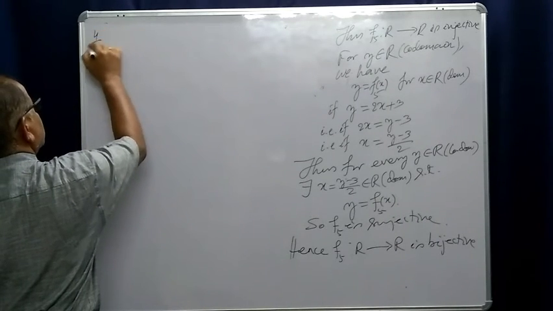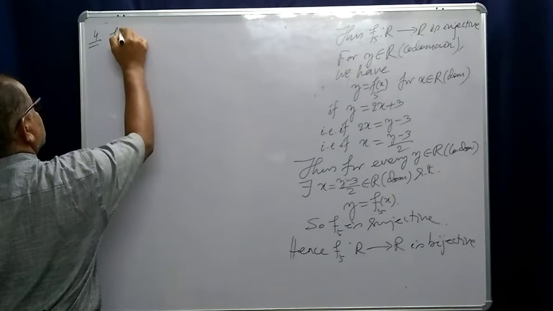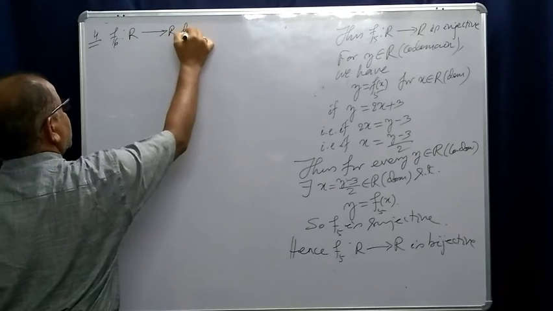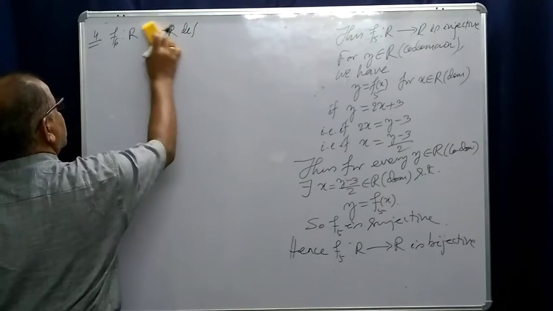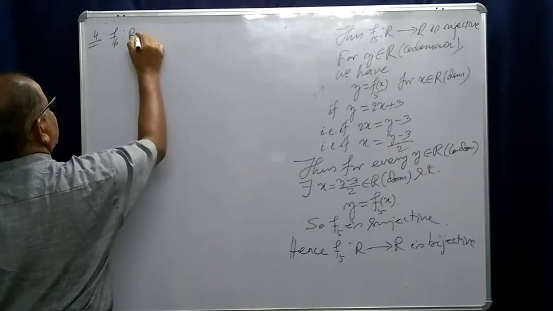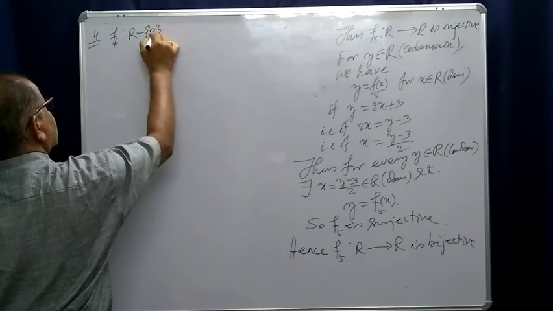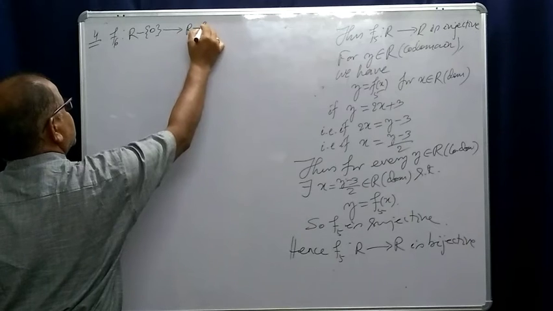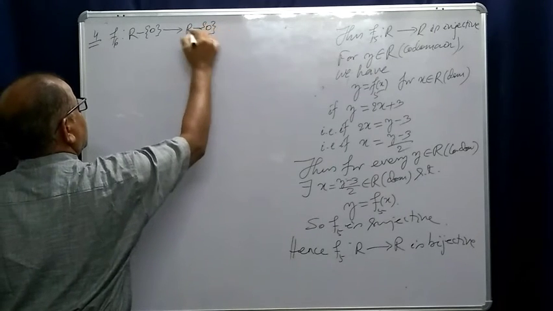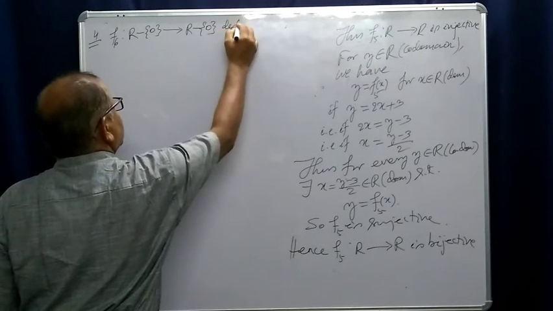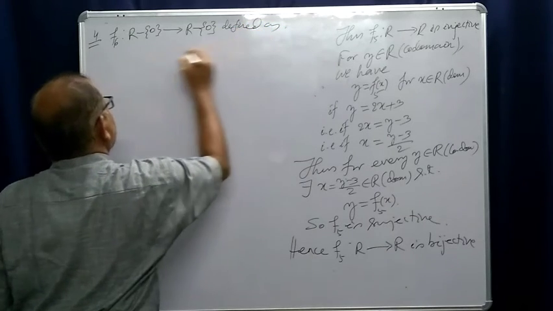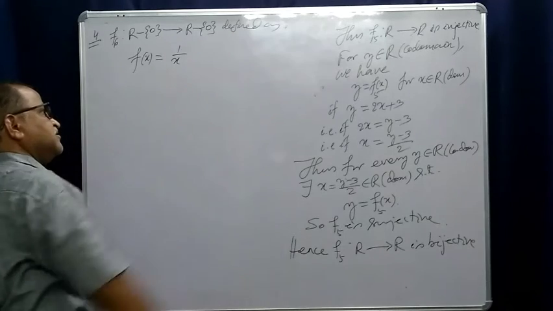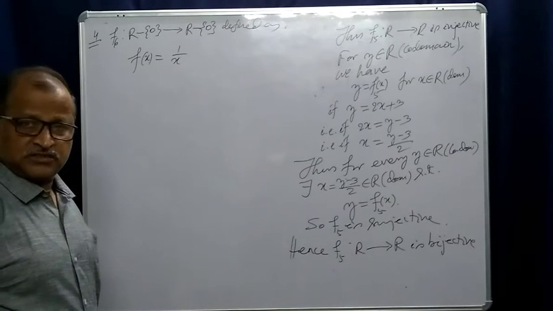Suppose, for example, f6 from R difference 0 to R difference 0 defined as f(x) is equal to 1 by x, right? f(x) is equal to 1 by x.